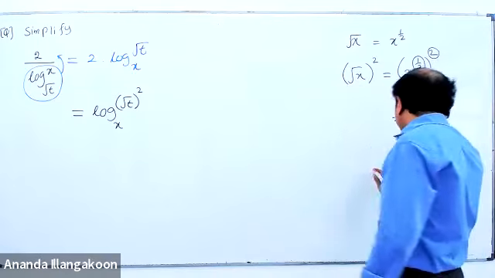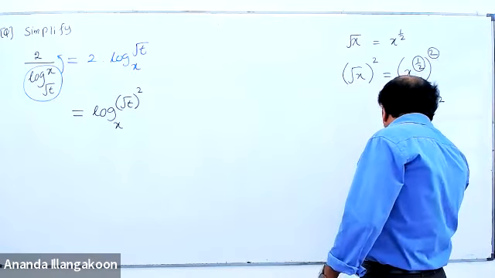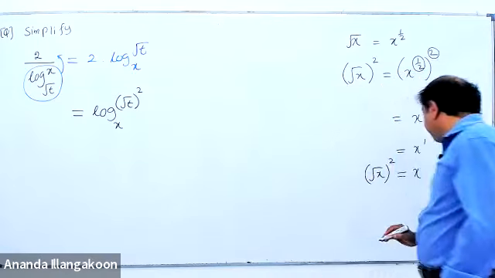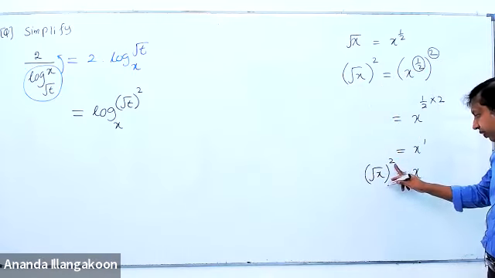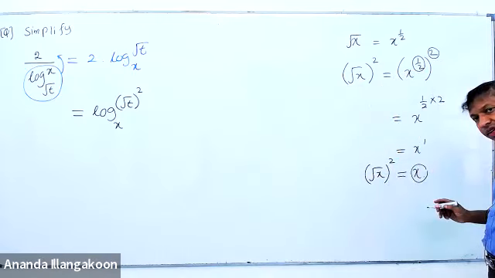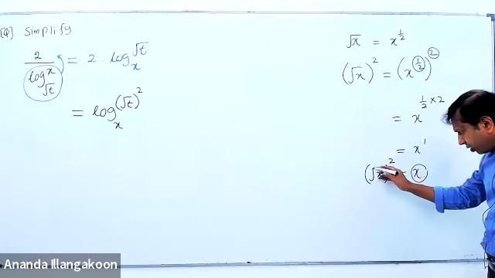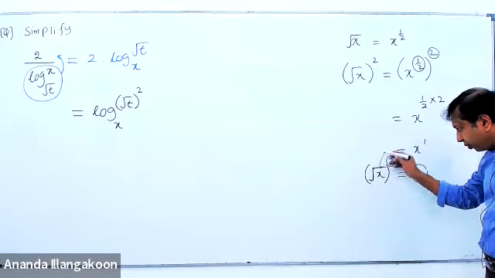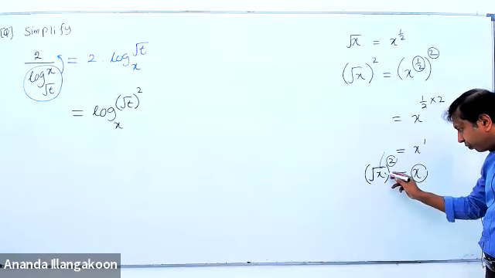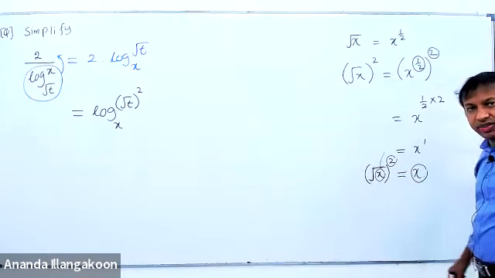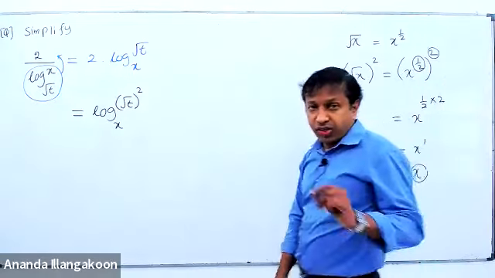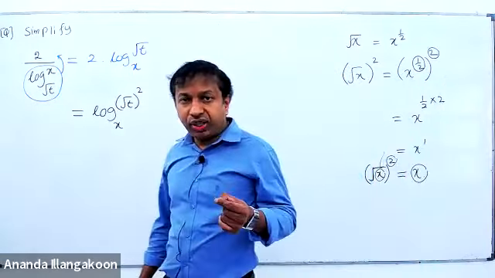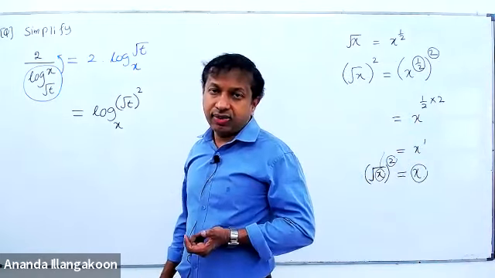Therefore, left hand side: root x perfect squared is equal to x. Then we say, people, when we square this root, we say the root will eliminate. Once we eliminate the root, we get x, right. That is why we say when we square a root sign, it eliminates, disappears.